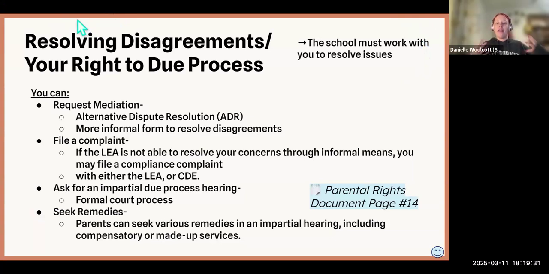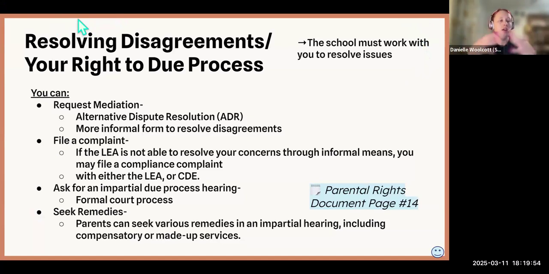Alrighty. Another big area of the parental rights document on page 14 is your right to due process and resolving disagreement. So what happens if you disagree? First of all, the school is supposed to work with you to resolve the issues. That's always the first line of defense, is the school is supposed to be collaborating with you and doing their best to resolve the situation.